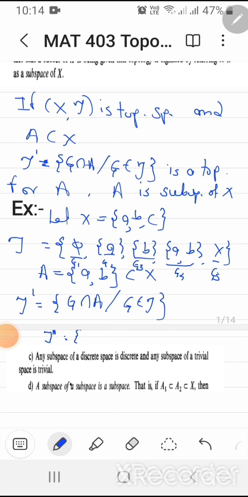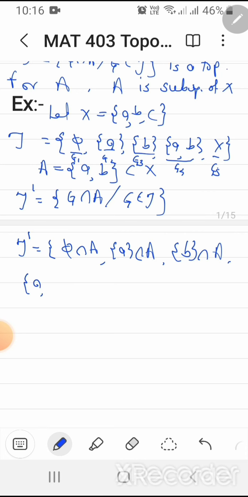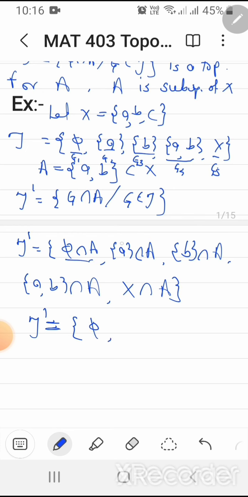That is, tau dash is equal to phi intersection A, singleton set {a} intersection A, singleton set {b} intersection A, 2-point set {a, b} intersection A and X intersection A. Now we get: phi intersection A is phi; singleton set {a} intersection A, that is {a} intersection {a, b}, the common point is only {a}.